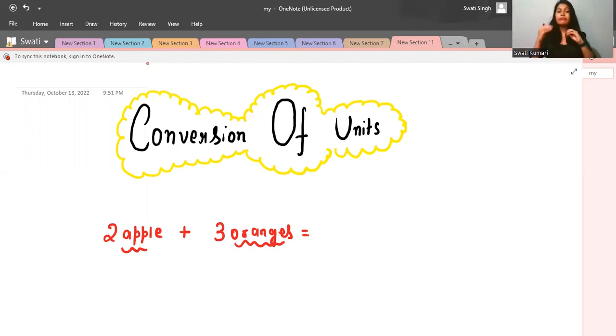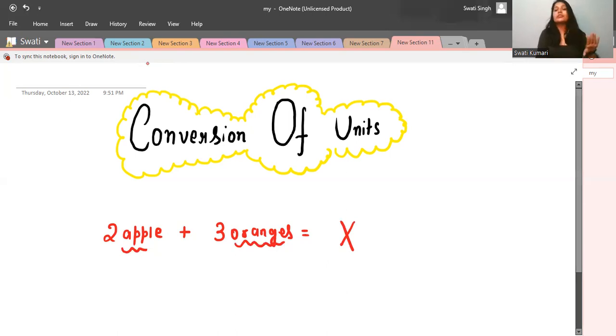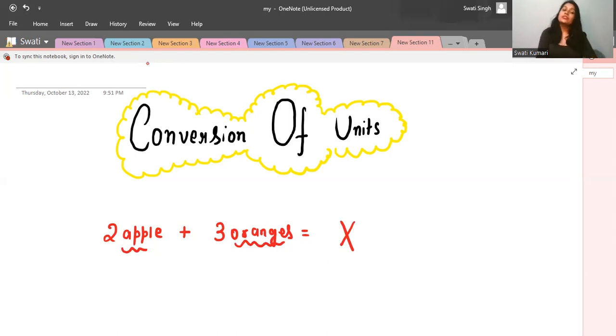That means when we are adding, it should be of the same unit. So 2 apple plus 3 oranges does not make any sense. Now the question is, how can we do it? This was a very basic example of apple and orange, but you will understand how we can convert the unit and how we can add it.